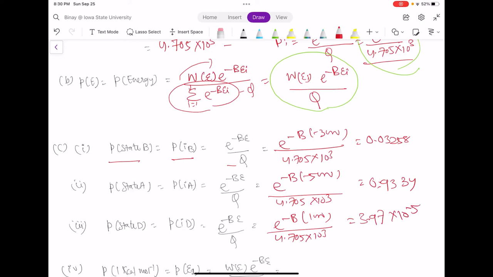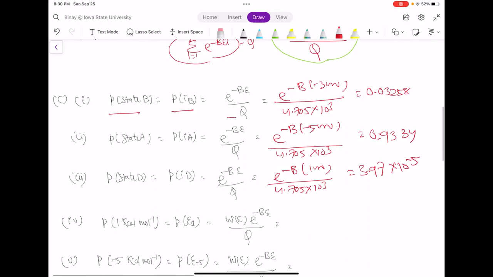You can notice one thing: if the energy level increases, the probability decreases. That means the lower energy levels have a higher probability, which always satisfies our thermodynamic rule. The next thing is the probability of the energy level 1 kilocalorie mole inverse. We have to use the second formula.